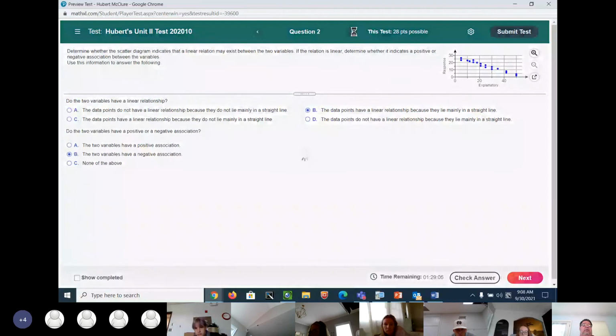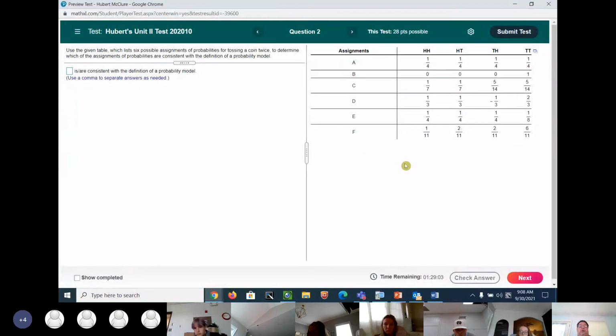Next question you have. This is the one I told you that you would see. And remember that all probabilities equal what? 1. So which one is not a probability? Which one is not a probability? Anybody want to take a guess?